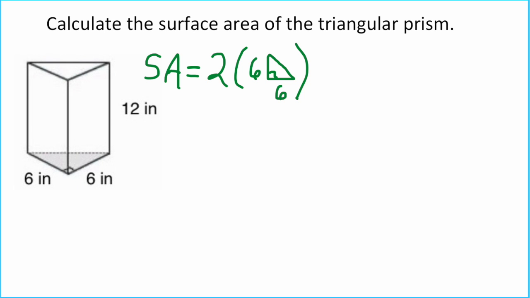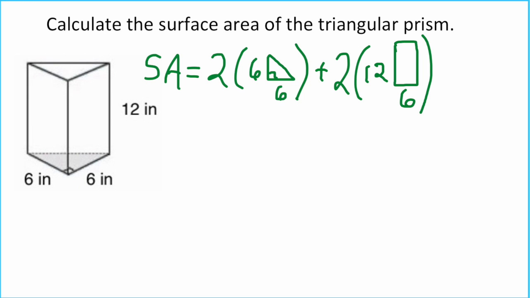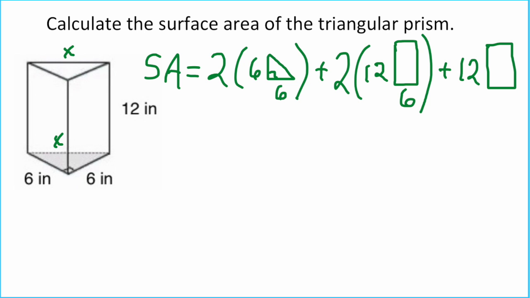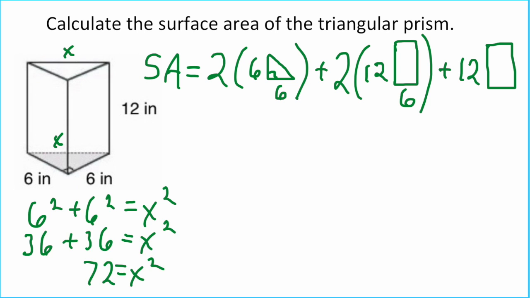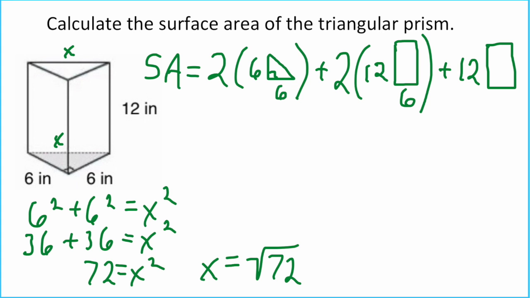One thing I want to point out about this answer is there's a little extra math involved finding the base of the rectangle in the back of this figure. So you have to use the idea of the right triangle and Pythagorean theorem to solve for the base, which is radical 72. But when we simplify this, watch what happens.